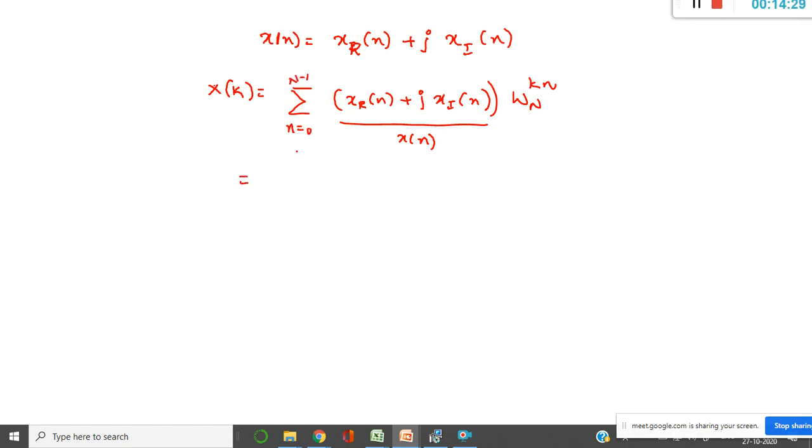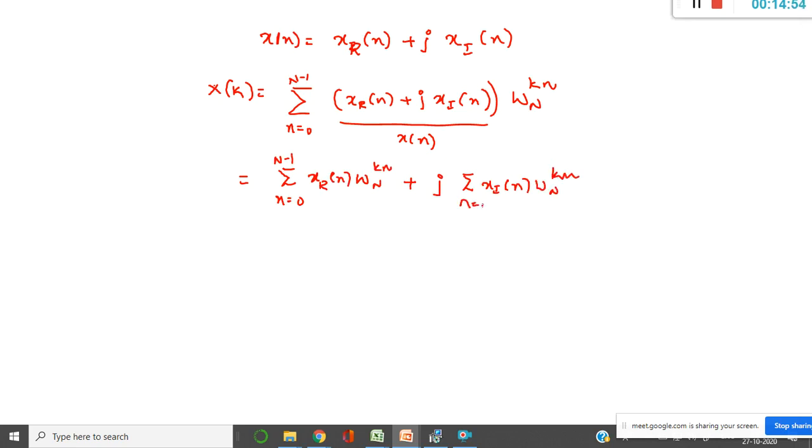When you perform the addition, I can split this summation: summation from 0 to n minus 1 of xr of n multiplied with wn to the power of kn, plus j times summation of xi of n wn to the power of kn.